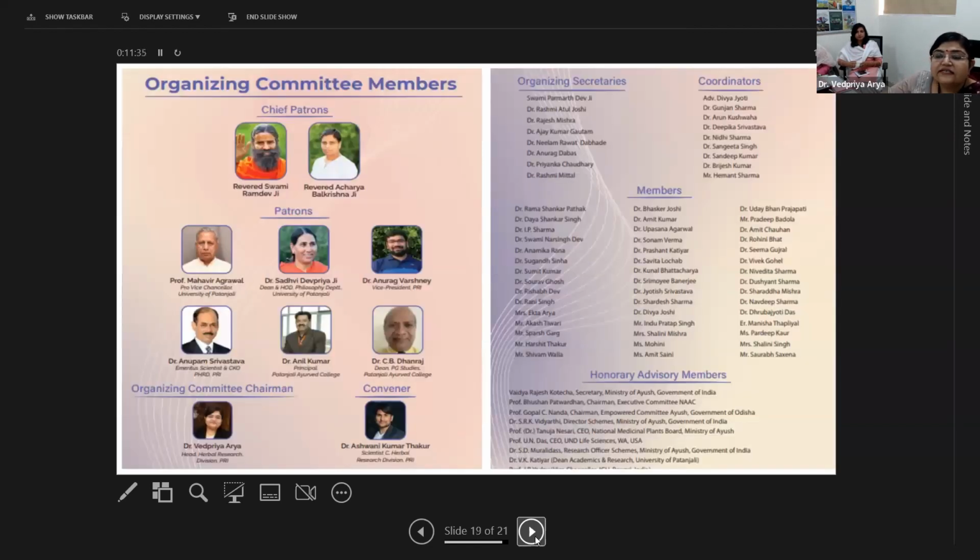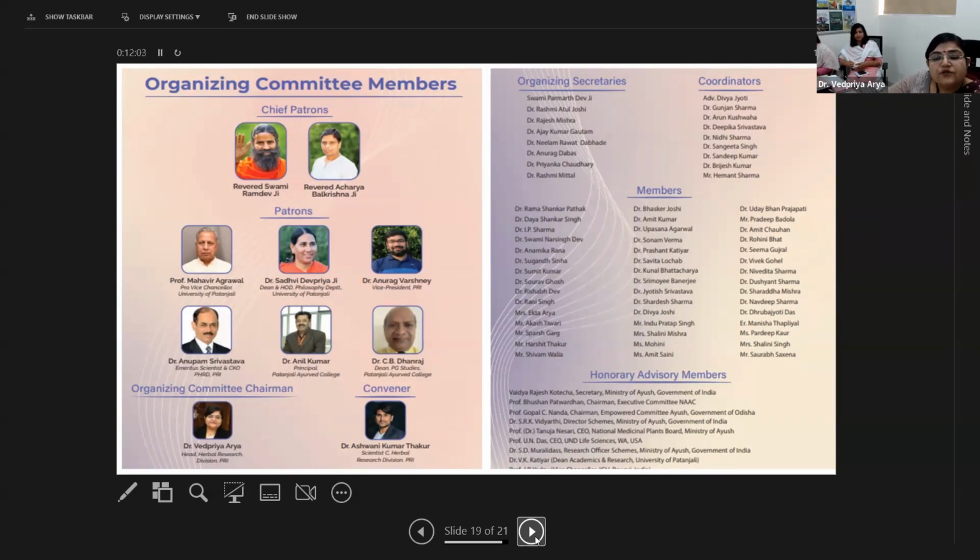Well, this is the organizing committee, our gurus and chief patrons, Revered Swami Ramdev ji and Pujya Acharya Balakrishna ji, who are guiding us all along this journey. We have our patrons, Professor Mahavir Agrawal, Pro Vice Chancellor of University of Patanjali, Dr. Sadhvi Devpriya ji, Dr. Anurag Varshney ji, Dr. Anupam Srivastav ji, Dr. Anil Kumar ji, and Dr. C.B. Dhanraj ji.